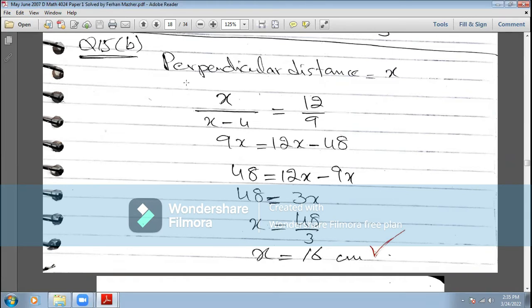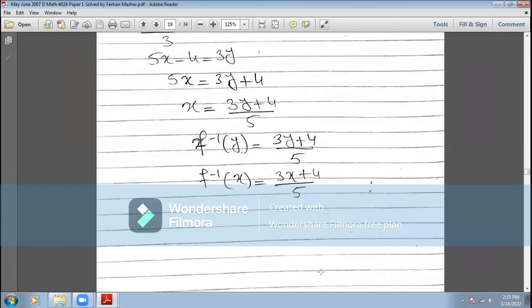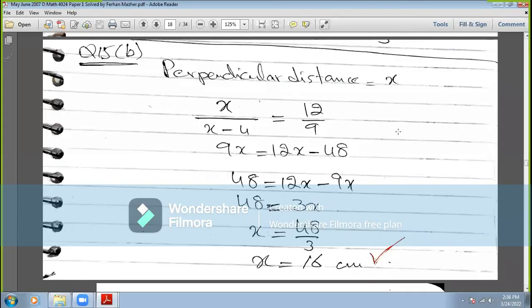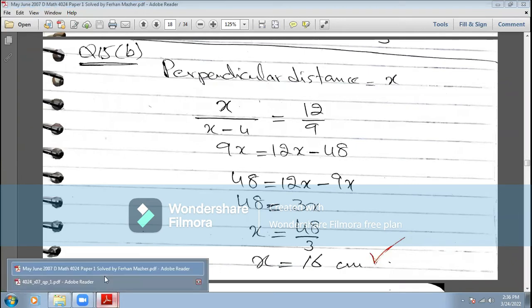In the small triangle, the height is X minus 4, and in the big triangle, the height is X. You see, we are comparing those two triangles.